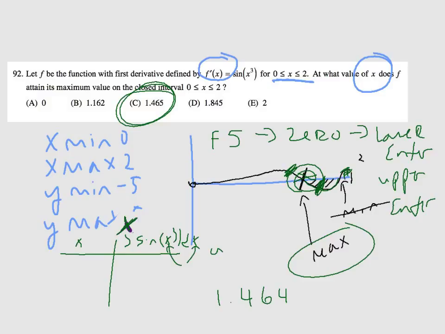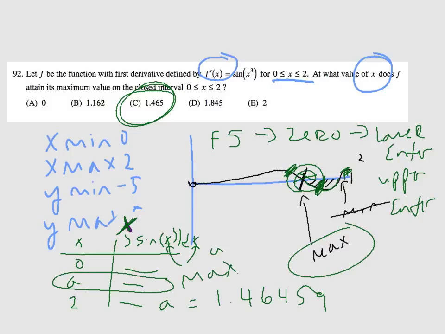You can call it u or whatever. We'll talk about that in class, how that needs to work going forward based upon our AP reader coming in yesterday. And then you'd want to have 0, 2, and your a value here with the full decimal place, 1.4659. And then you'd want to integrate with your actual 3 values, and you'd want to say, okay, this is the max, and so on and so forth. But for multiple choice, you don't have to do that.